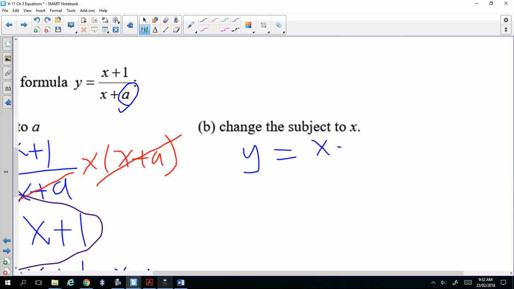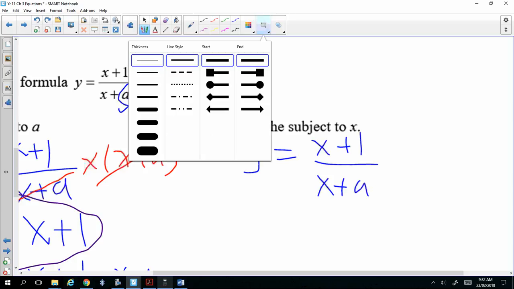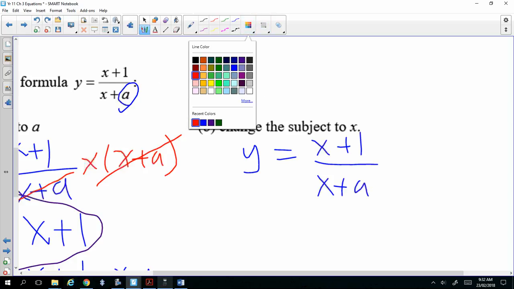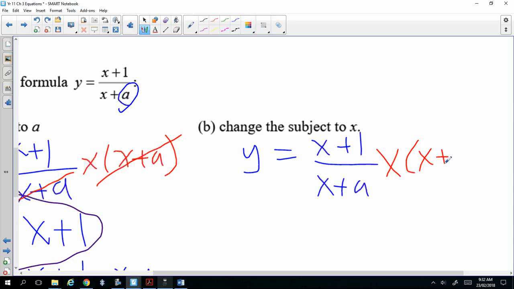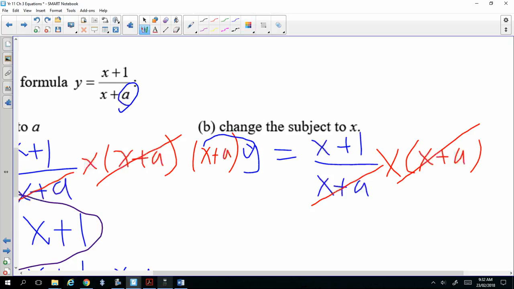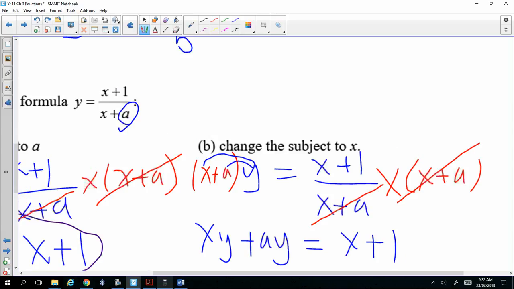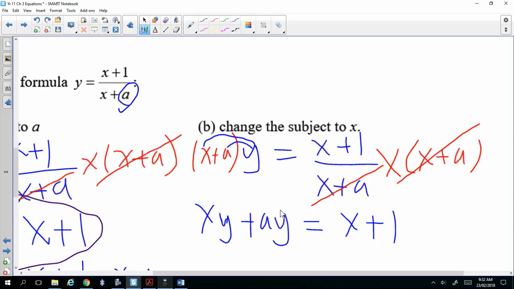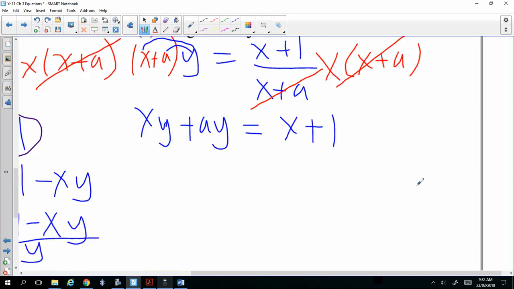Like before, you cancel x plus a, and then you have to expand this, so you get xy plus ay equals x plus 1. Now what do we do after this? We're going to make x the subject, so if there are x on both sides, make sure you move them next to each other. So you move this one to the left, so it becomes negative x.